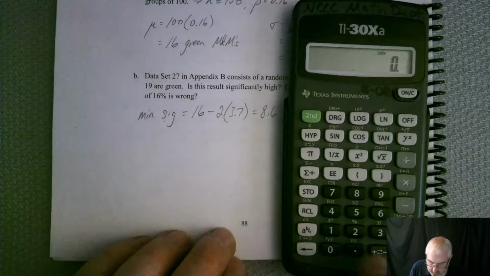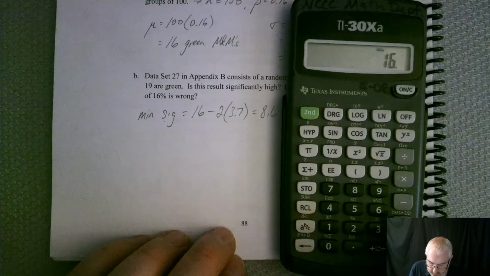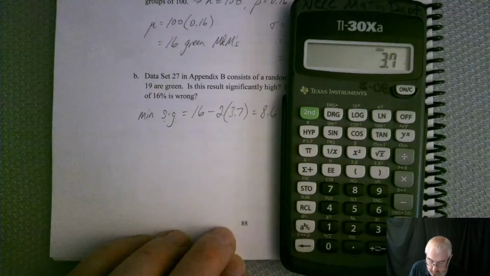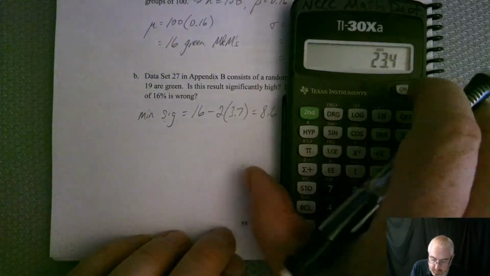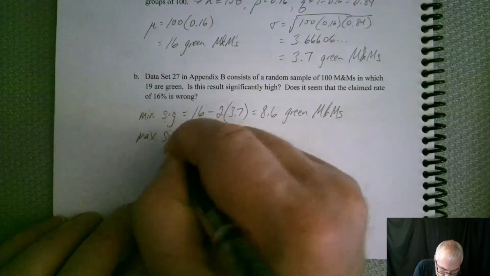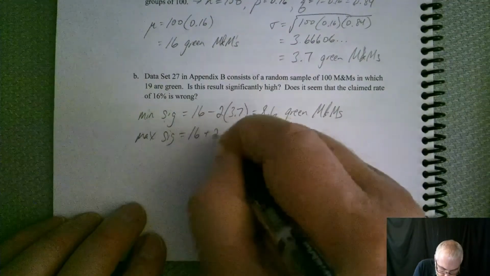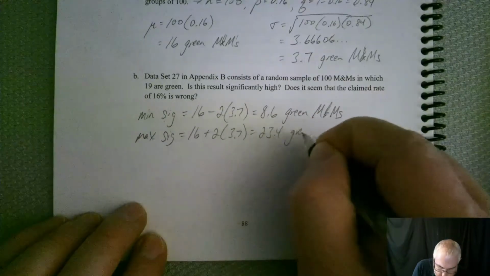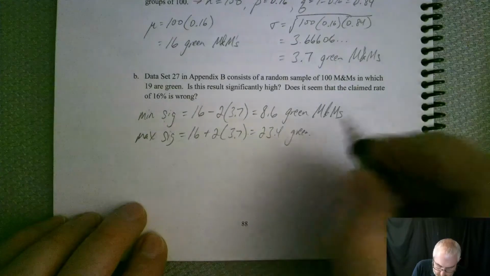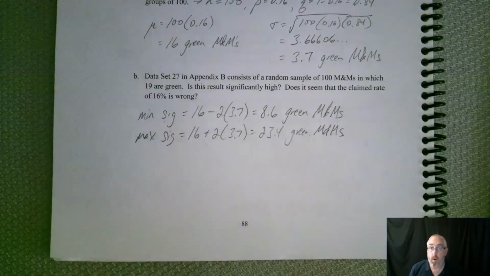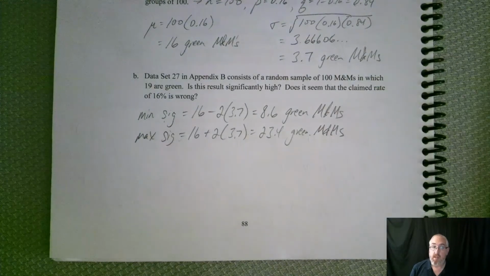And, well, we know the other one's going to have to be plus, right? So 16 plus 2 times 3.7 equals 23.4. So we got 23.4 green M&Ms.